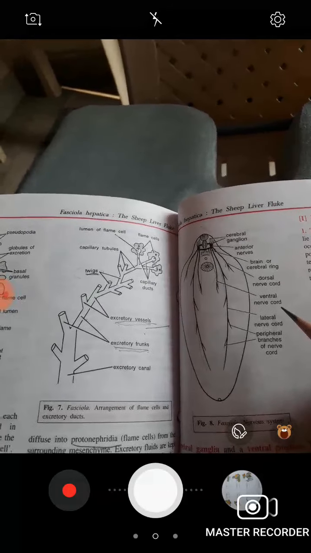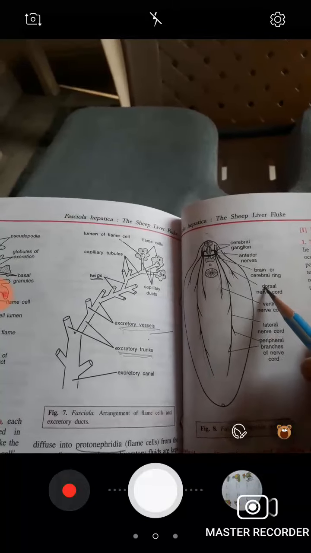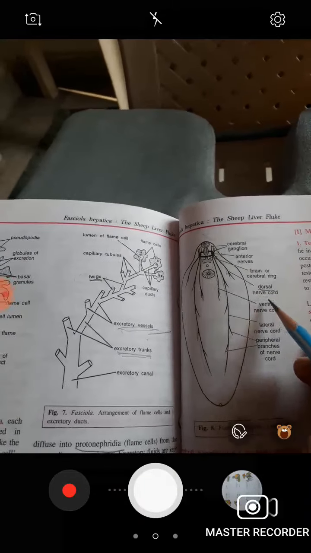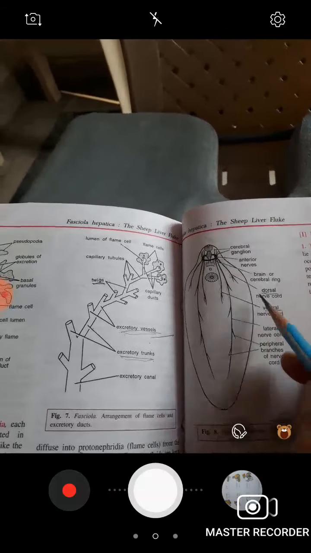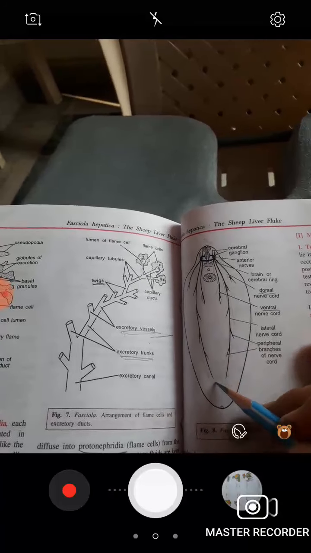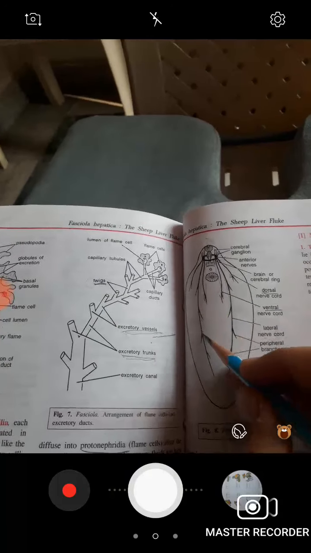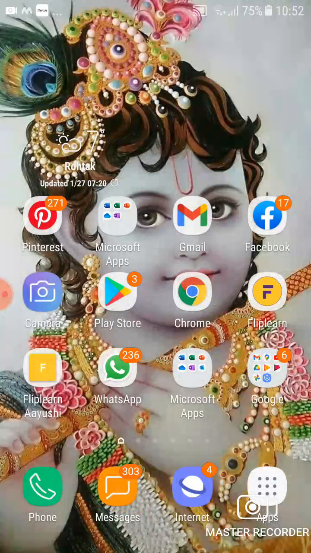Of these, one pair is dorsal. You look here, this pair of cords is dorsal. This pair of nerves is ventral, and these long nerves are called the lateral nerve cords. Several peripheral branches of nerves arise from these three pairs of nerves, which innervate various organs of the Fasciola.